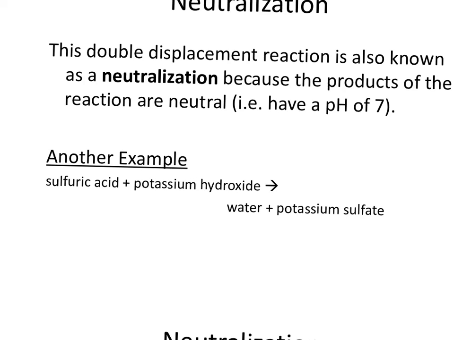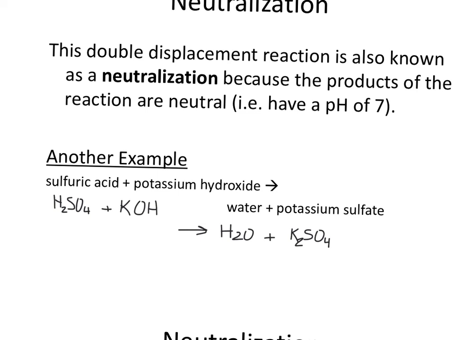If I'm writing sulfuric acid, then ic means it's sulfate, so it's SO4, and sulfate has a charge of -2, so I know that I need 2 hydrogens, and I'm going to add potassium hydroxide, and potassium has a charge of 1, hydroxide has a charge of 1, and that goes to water, H2O, plus potassium sulfate, KSO4. And because SO4 is 2, then my K gets a 2 as well.